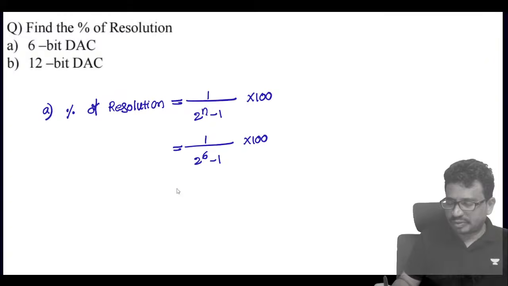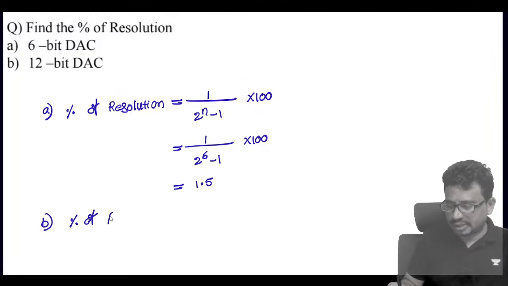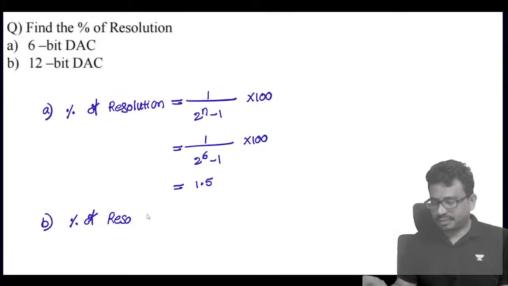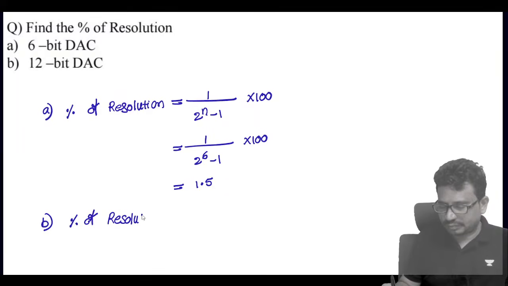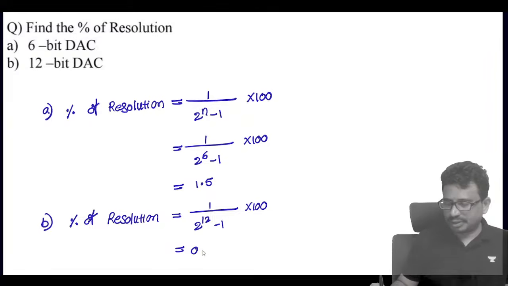Simplify it, and 1.5 will come. The second one is the 12-bit DAC. Percentage of resolution is 1 by 2 power 12 minus 1, into 100, which is 0.024.